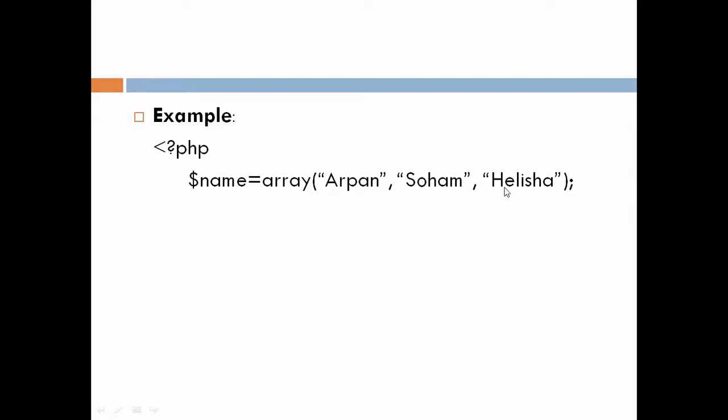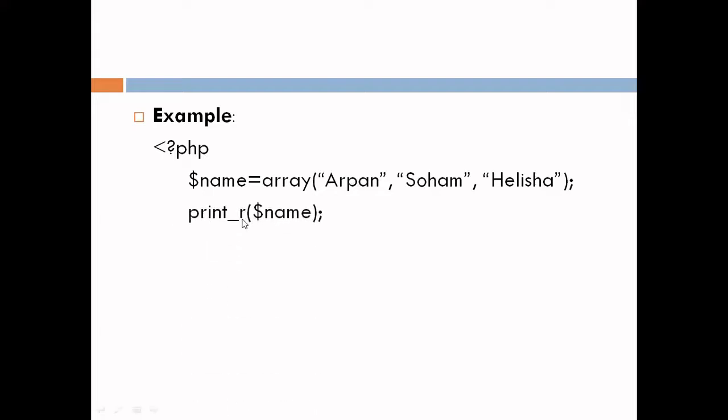So here, the array named name has a size of 3 and a data type of string. Now the first element is Arpan, so the index number of the first element will be 0, the second element will be 1, and the third element will be 2, because we have not provided any starting index number.